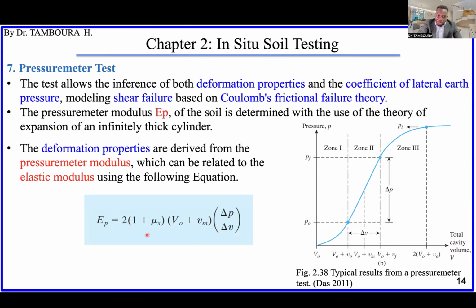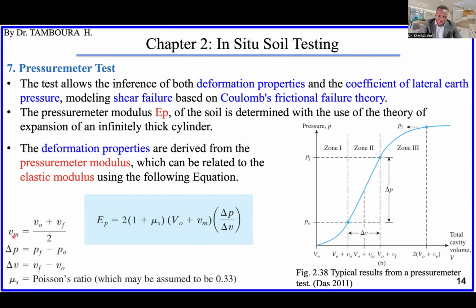So in this equation, as I was saying, we need this delta P here and delta V here to obtain the elastic modulus. VM is just the volume here in the middle. Can you confirm that the volume here is what we are calling VM, because it is V0 plus VM, the initial volume plus VM.